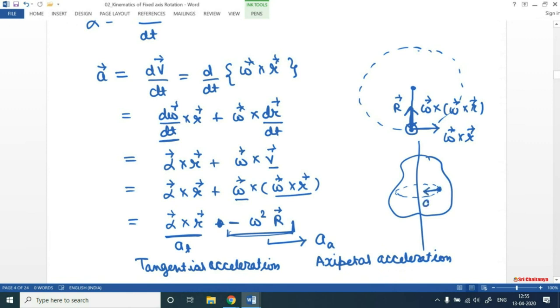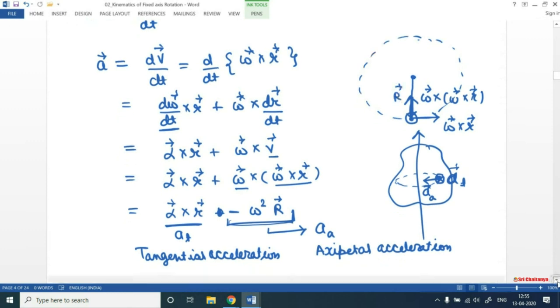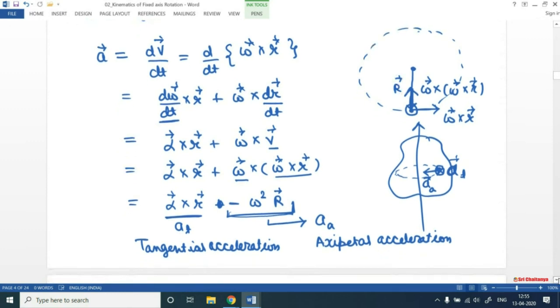One would be axipetal, and the other would be tangential over here. So please try to understand these two components of acceleration. We have derived these relationships, and these will be further useful whenever we are looking into the kinematics of rigid body motion.